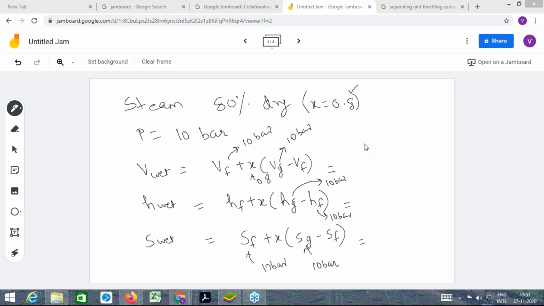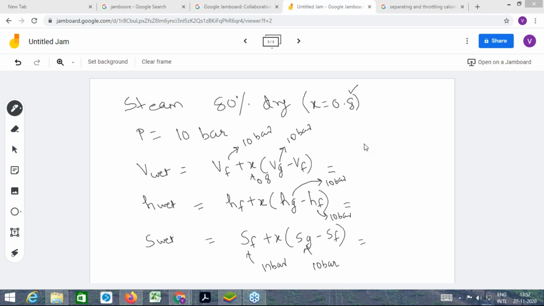Gunjan is getting the entropy value also. What is the unit of entropy, Gunjan? Neha, you have got the specific enthalpy correct, but you need to check your specific volume. Sharvari, you are right.